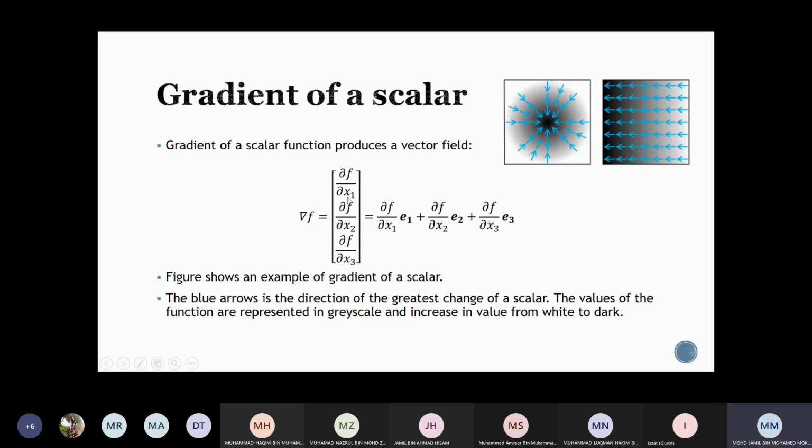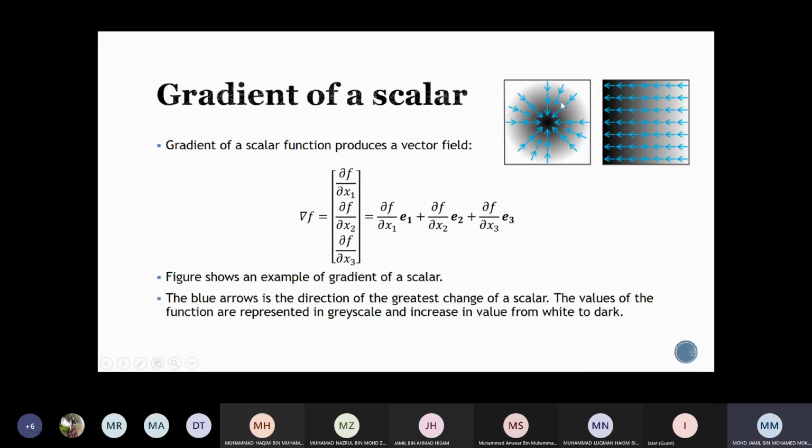So this is in the form of vectors. You get del f del x1 e1 plus del f del x2 e2 plus del f del x3 e3. This is important if you want to calculate gradient, especially in the finite element method. When you want to calculate gradient, it is represented by this figure.